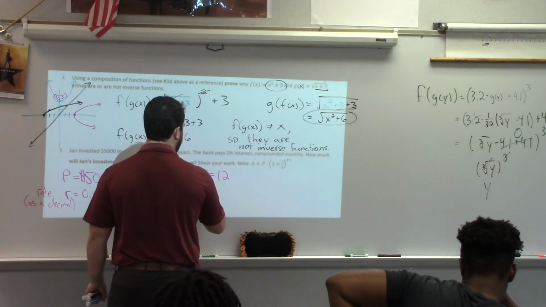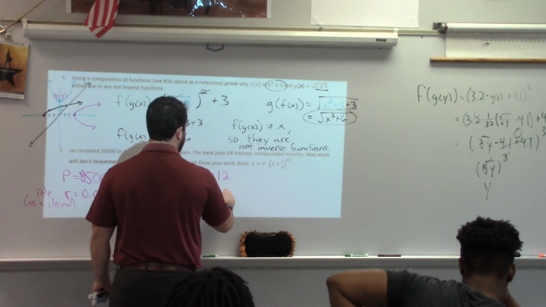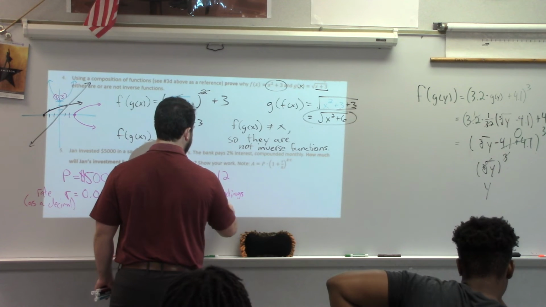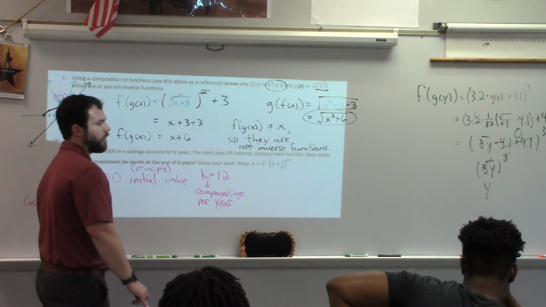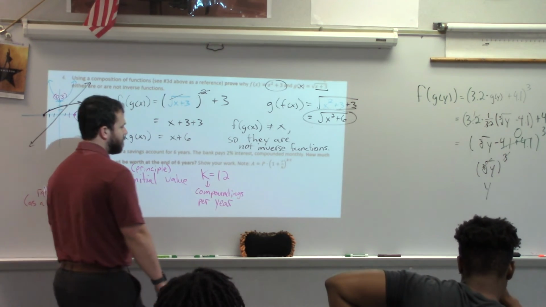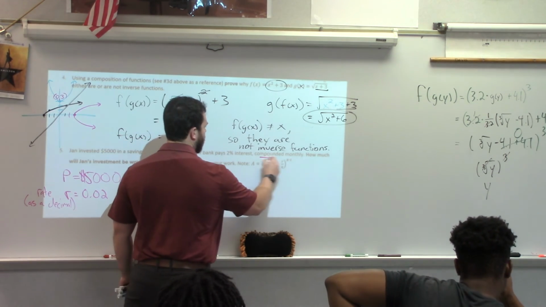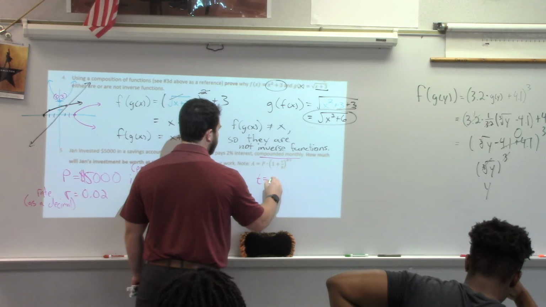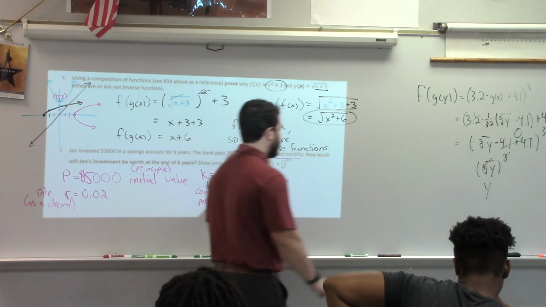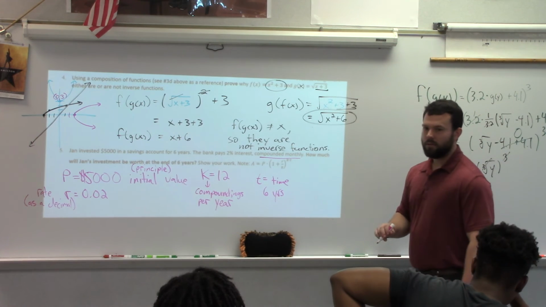So remember, it's the compoundings per year. K is the number of compoundings per year. And then T is time, which is 6 years. Once you identify everything, it's just about substituting it in.